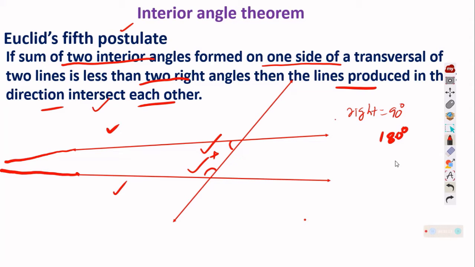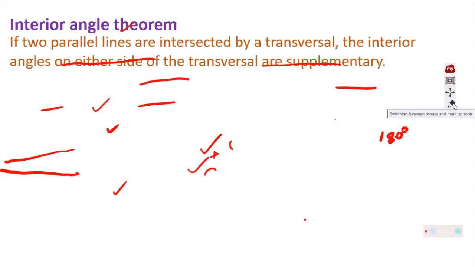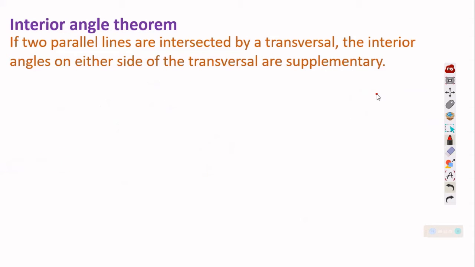It can be proved, and we need to understand the proof. That proof, otherwise we name it as interior angle theorem. If two parallel lines are intersected by a transversal, the interior angles on either side of the transversal are supplementary.